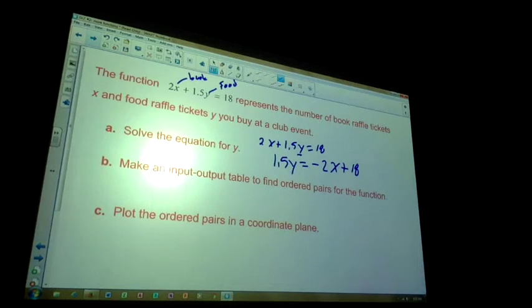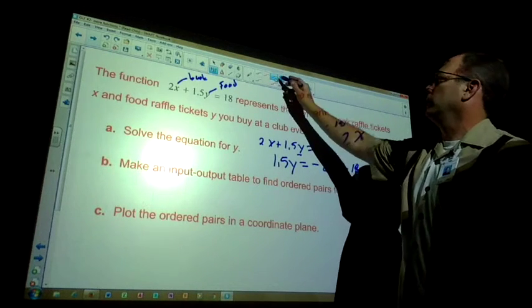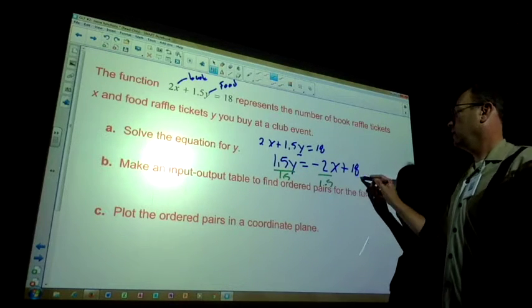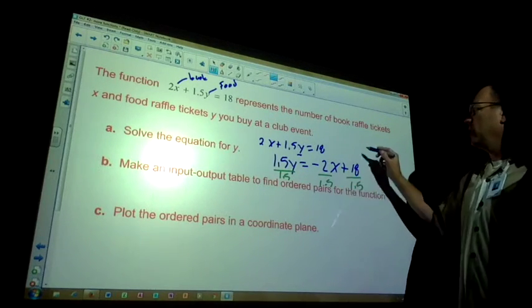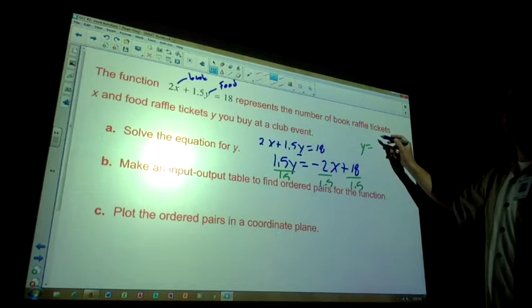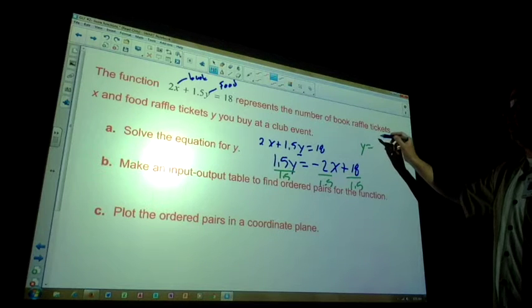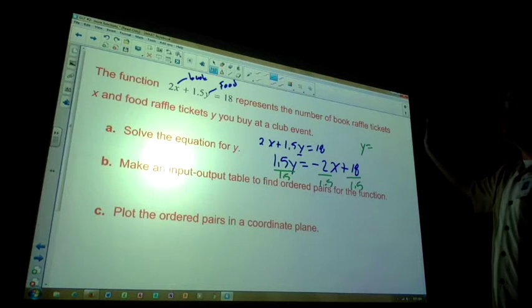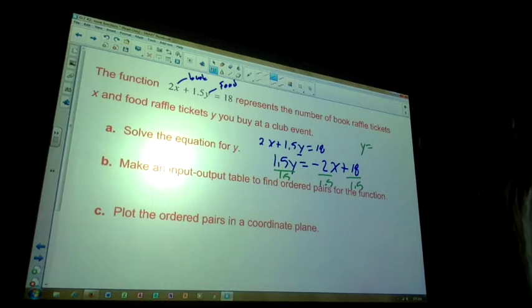Then how is 1.5 and y being held together right now? Multiplication. What undoes multiplication? Division. And as far as right now, that's going to give me y equals... Can anyone do it? Does anyone have a calculator? Negative 2 divided by 1.5.